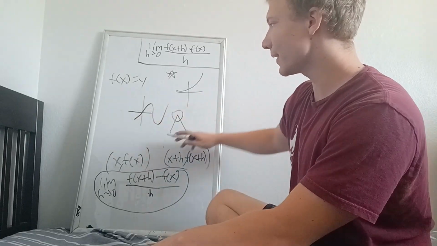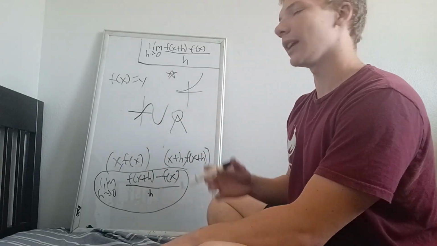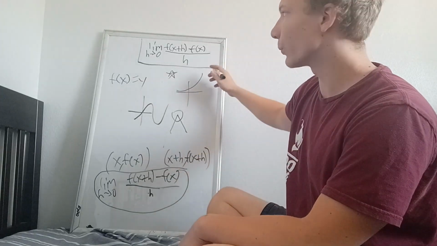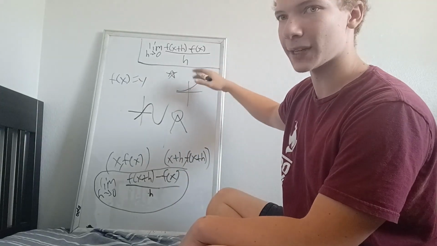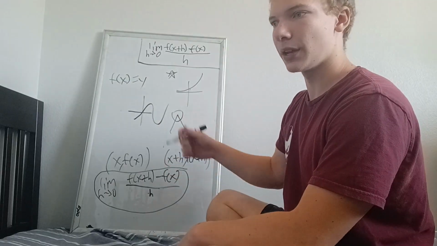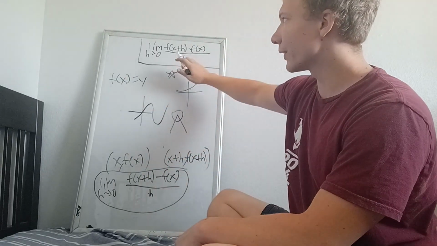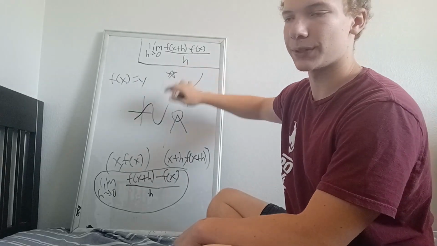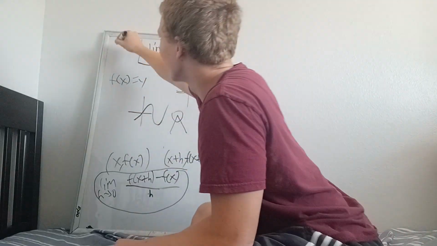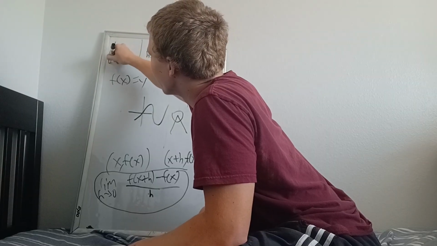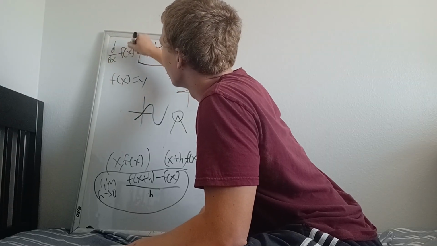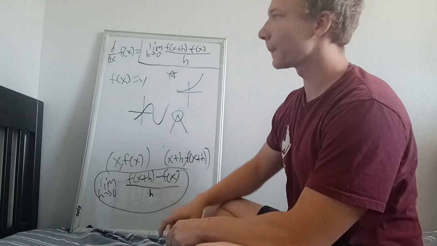As long as it's nice and continuous and smooth, it has a derivative, and therefore it will have an f of x plus a little bit minus f of x over that x plus a little bit minus x, giving us our difference quotient, which is why the derivative of f of x is equal to this.